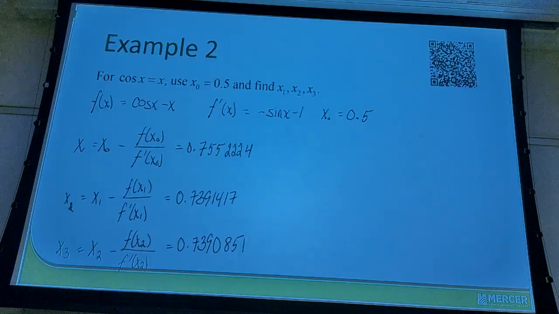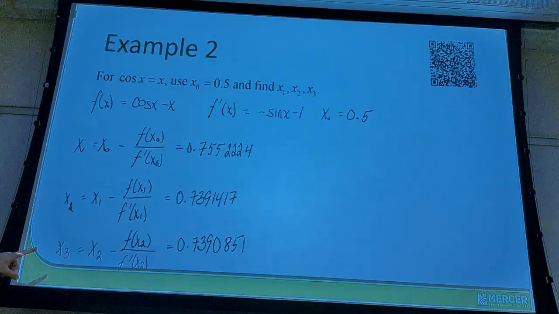From this, it does appear to at least be approaching something, right? So it does appear to be converging. Unfortunately, I can't determine what it's converging to. It's the value where cosine of x is x, I think. But I don't know the value, so it doesn't matter, whatever that happens to be.